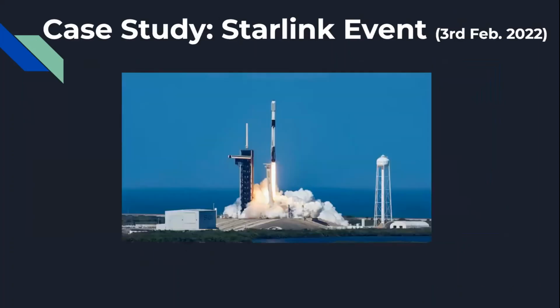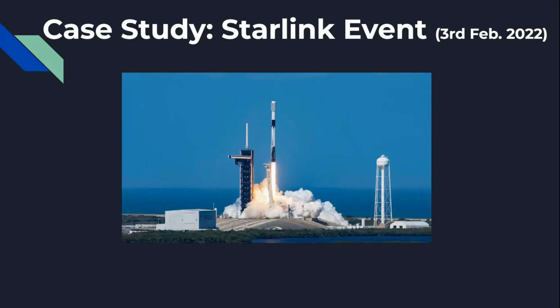So in this project, we will study an event which happened around 3rd February, and it affected around 40 Starlink satellites. You know about Starlink or not? Yes. So it affected 40 satellites of Starlink. It damaged them, and we will see how a space weather driver can damage the satellites in Earth's atmosphere.